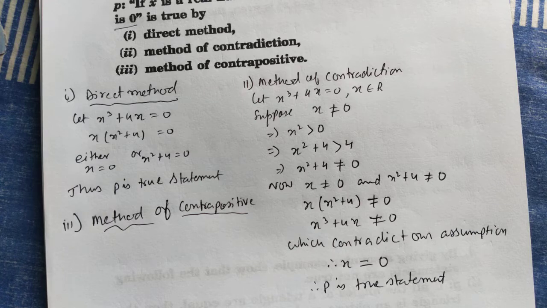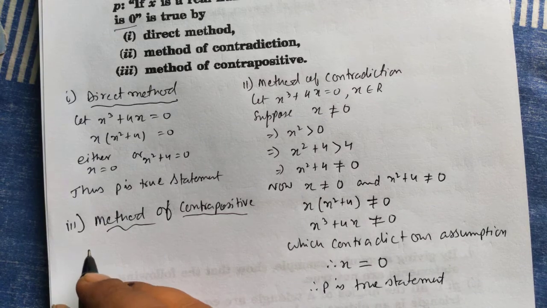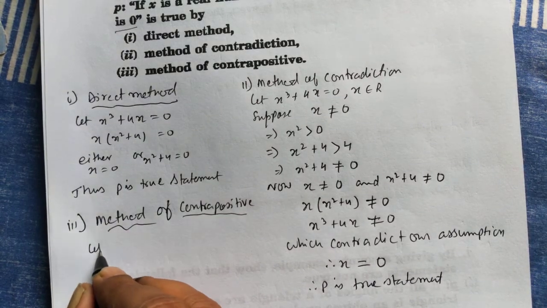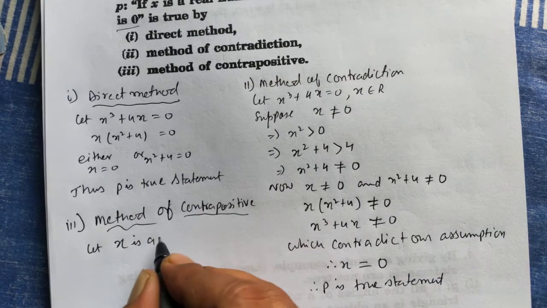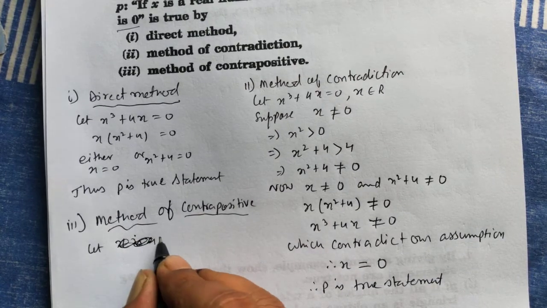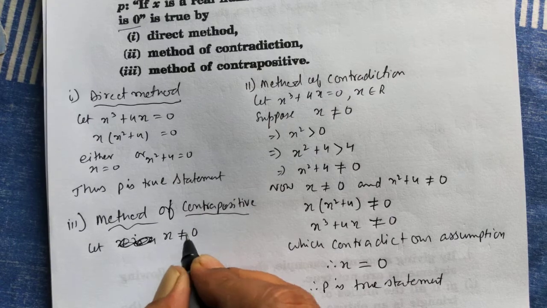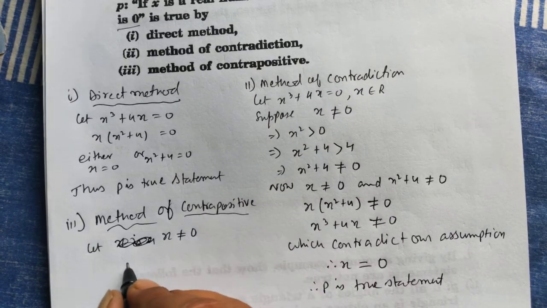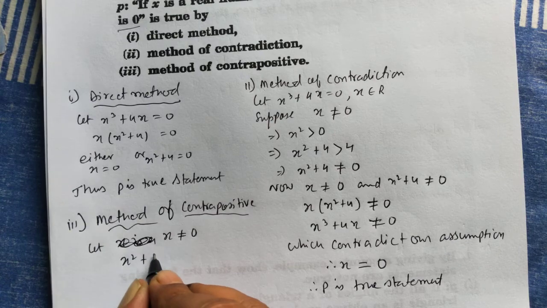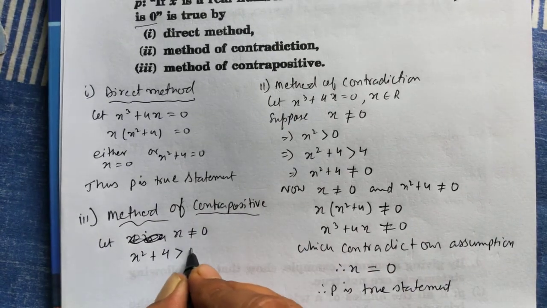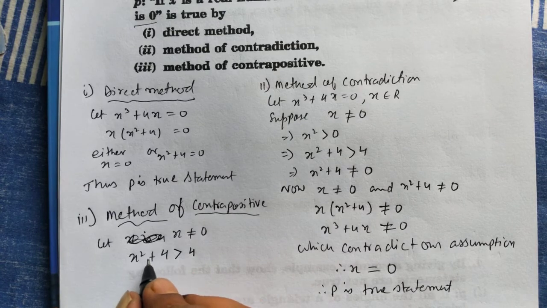So we'll say let x is not equal to 0. That means x squared plus 4 is greater than 4. I'm doing it directly, same like this.